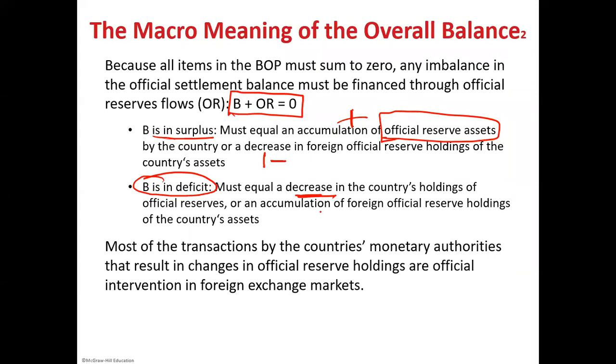How does it happen? Just think of IMF as a private lender, because you might get confused about what the IMF actually is, or how we can do the accounting of this. Just think of IMF as the lender and we are the borrower. So when IMF provides a loan to us, what happens to the foreign official reserve holdings with us?